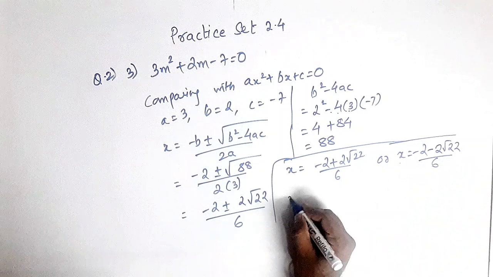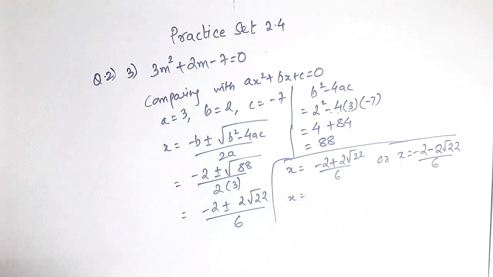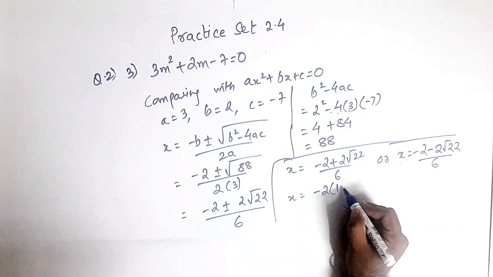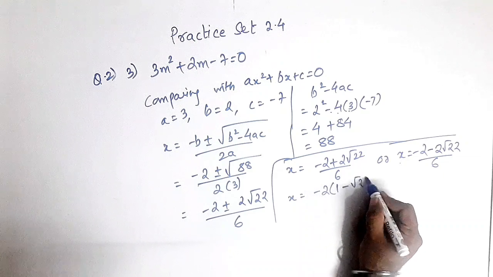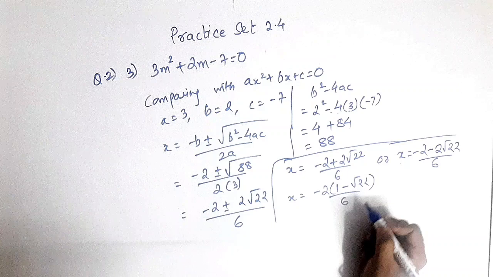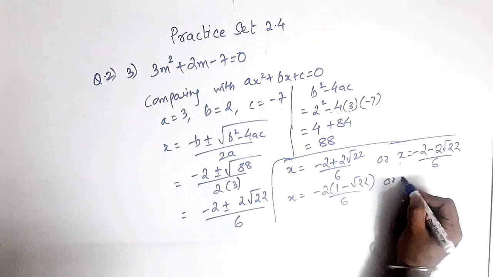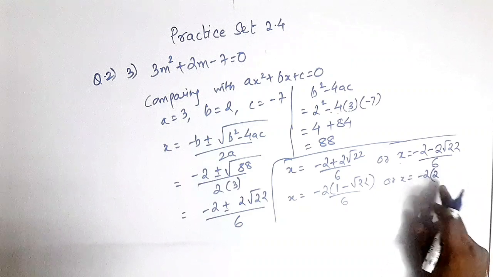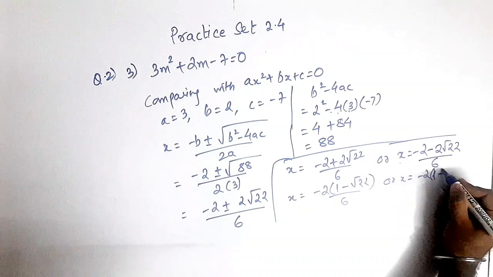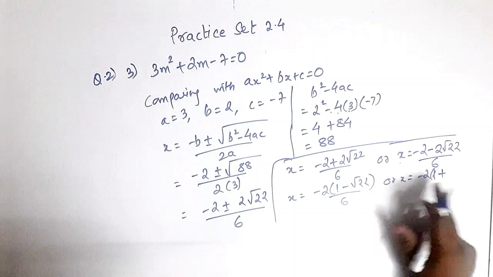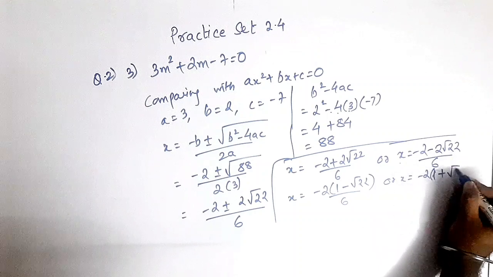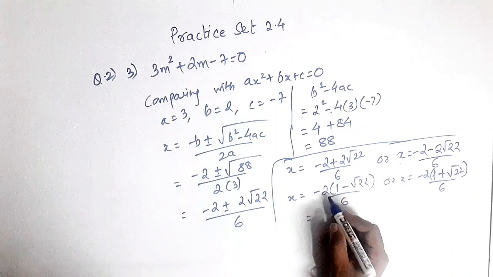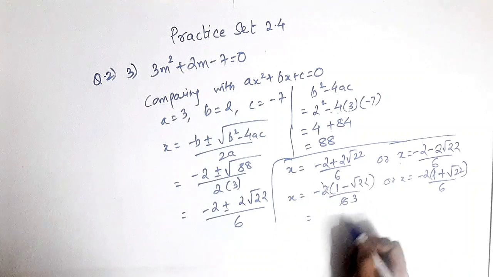Now x is equal to, what can we take common here? If I take minus 2 common here, what remains inside is 1 minus root 22 upon 6. Or x is equal to minus 2 common, if I take 1 plus, because minus sign we have taken outside, so here it will be plus root 22 upon 6. So this will be 2 1s are, 2 3s are.